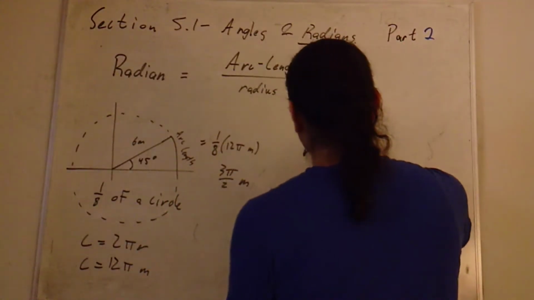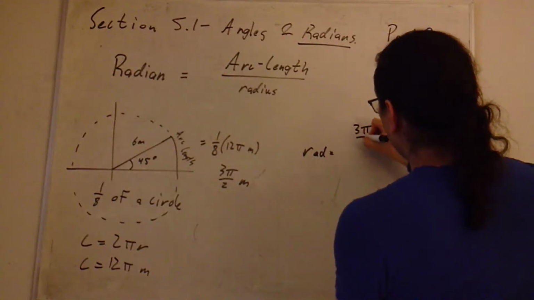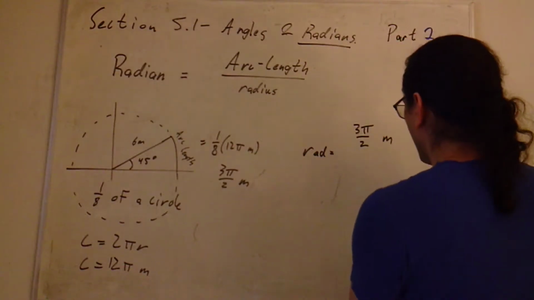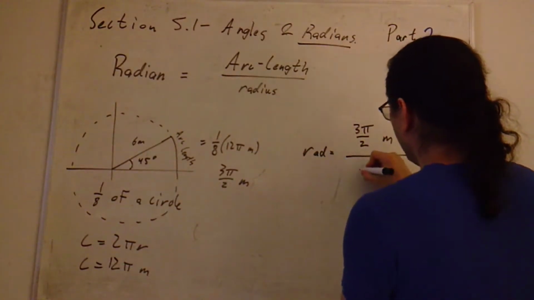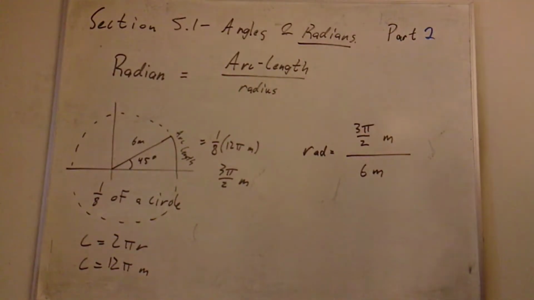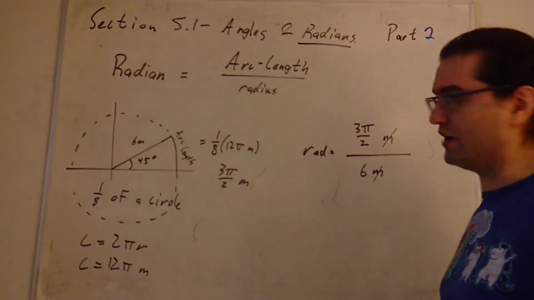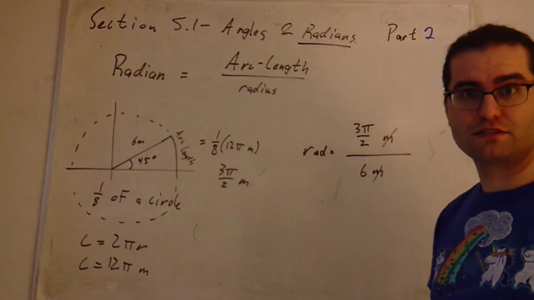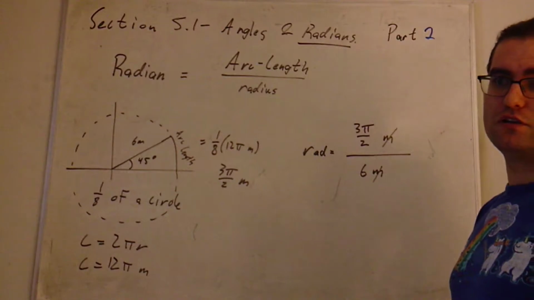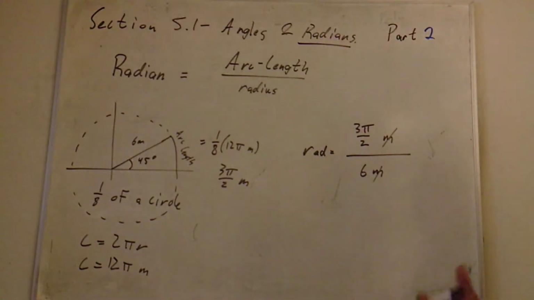So if I want the radians, that'll be the 3/2 pi meters arc length divided by the 6 meter radius. Before I even do any math, we should mention that meters cancels, and radians are unitless. I guess the unit is a radian, but there's no dimension to them.